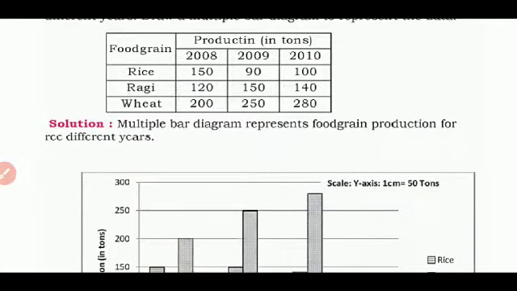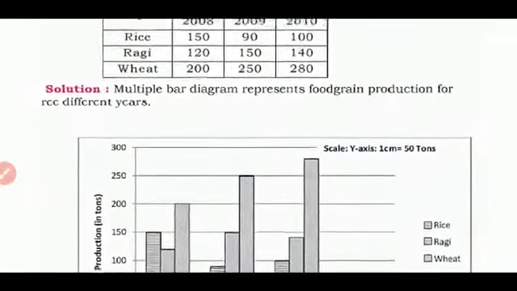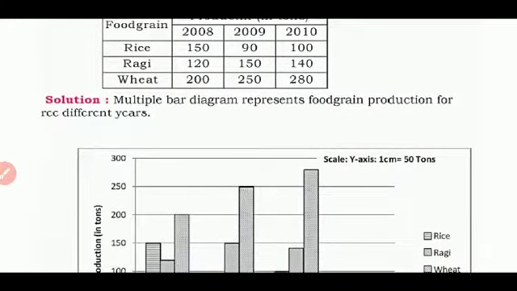It is 200, for wheat. For ragi it is 120 and for rice it is 150. For 2009 the production is 90 for rice, 150 for ragi and 250 for wheat. Similarly for 2010 the production for rice is 100, 140 for ragi, and wheat is 280.